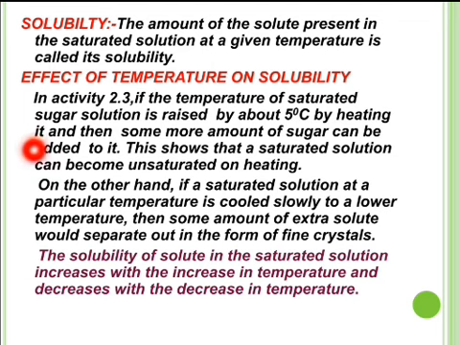At room temperature, when you prepared the saturated solution by adding 5 to 6 tablespoons of sugar, no more sugar could be added. But the 7th tablespoon of sugar can be added if you heat the saturated solution and increase its temperature by about 5 degrees Celsius. Then you can see that the 7th tablespoon of sugar can be dissolved in that solution.